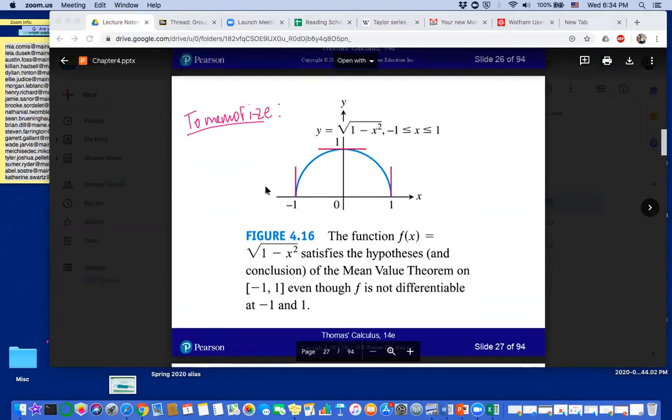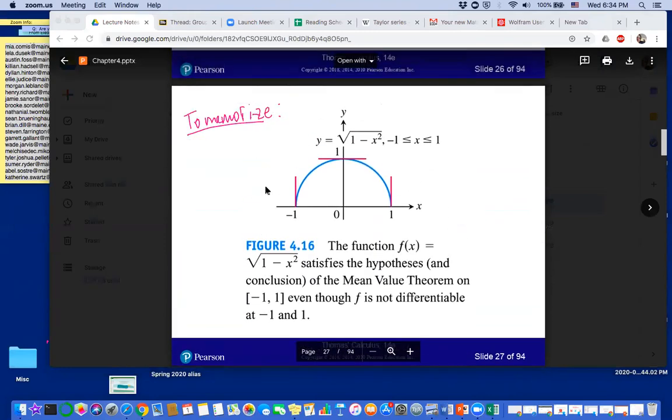So here's an example where Rolle's theorem works perfectly nicely. However, the function is not differentiable on the closed interval. So I would like you guys to help me out.